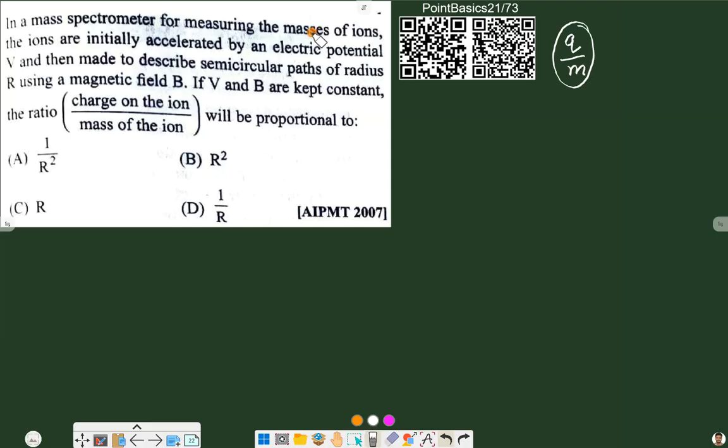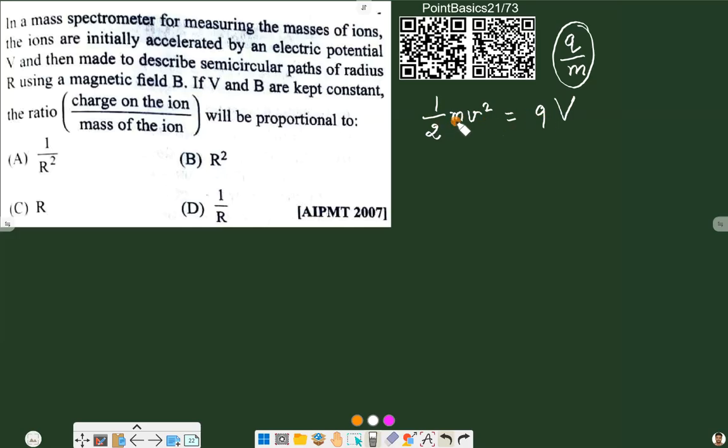Now, particles are accelerated by an electric potential, and when we accelerate some charged particle with the help of electric potential, then its kinetic energy, half m v square, is the kinetic energy acquired by the charged particle when it is accelerated by the potential V. So here you need to notice that capital V represents potential and small v represents velocity.